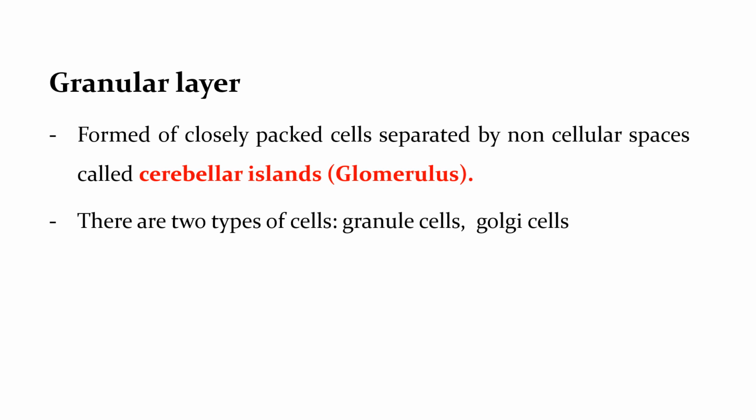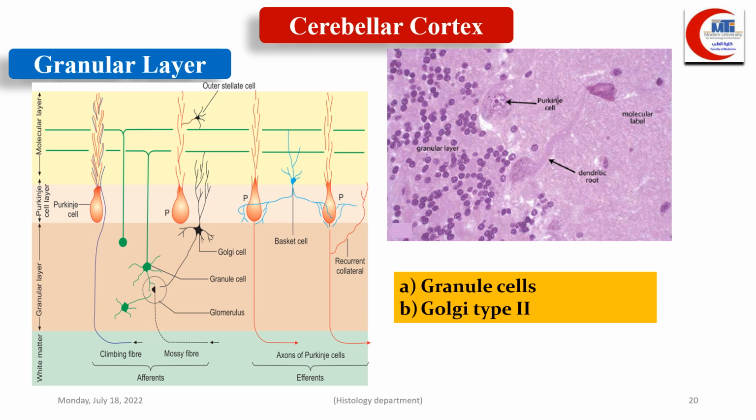So they are formed of two cells, granule cell and Golgi type 2, and also contain a non-cellular structure which is called glomerulus or cerebellar island. Again, here in the cerebellar cortex, we continue talking about the granular layer. You can see that it contains granule cell and Golgi type 2 cell.